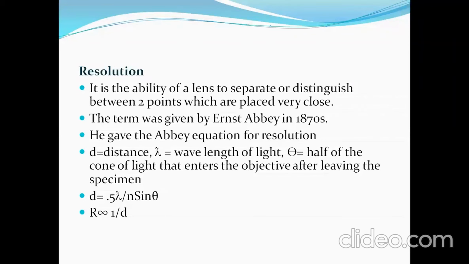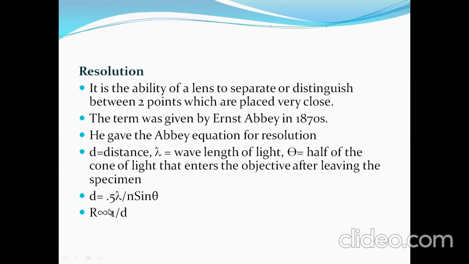Okay, so the term was given by Ernest Abbe in the 1870s. He gave the Abbe equation for resolution, and that is a very important thing for the designing of different types of microscope, mostly the electron microscope also. Okay, so what is the formula?